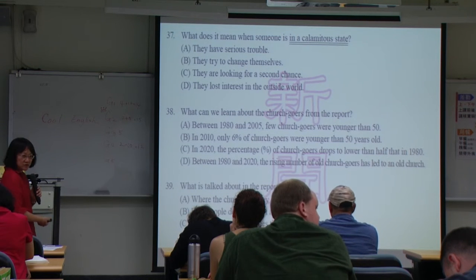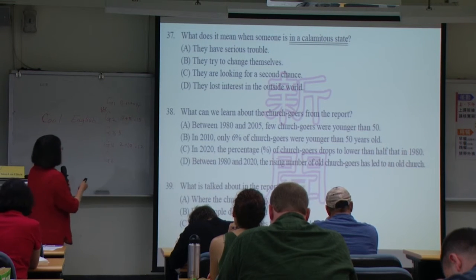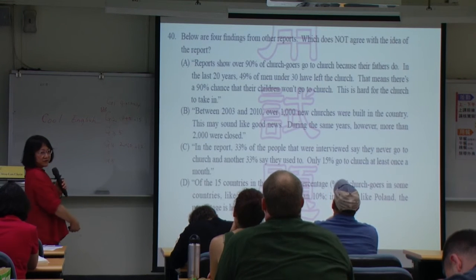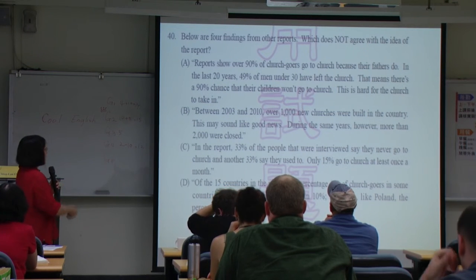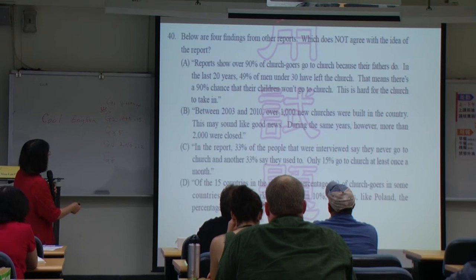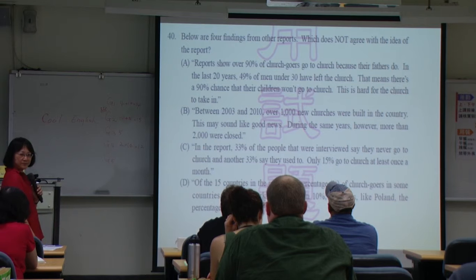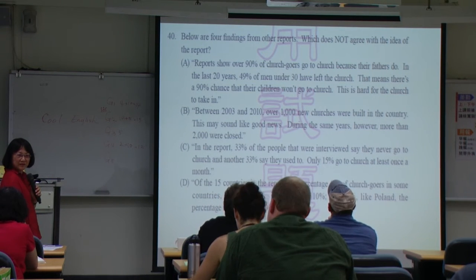The textbooks don't focus on this, right? And this is even more difficult. If you know Bloom's taxonomy, this is application. You read the article, but these are 4 other reports. Which one does not agree with the idea? I couldn't really expect a kid to read these.